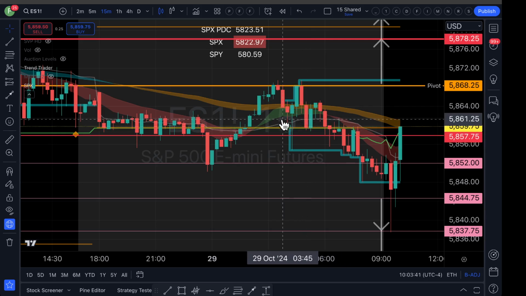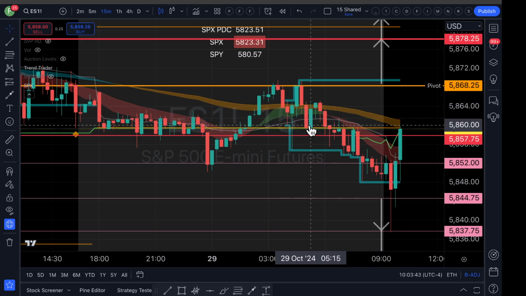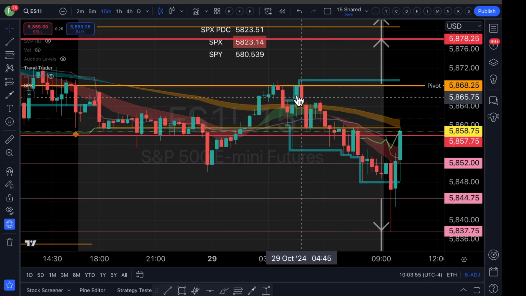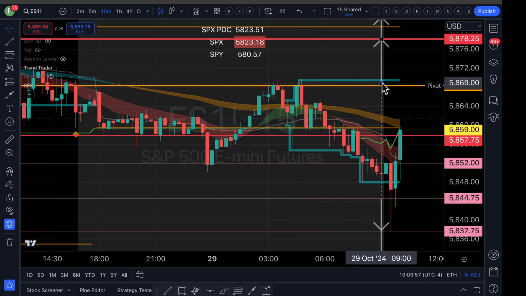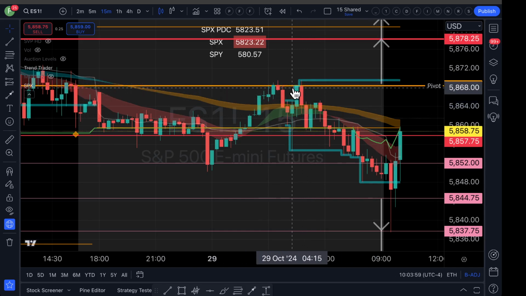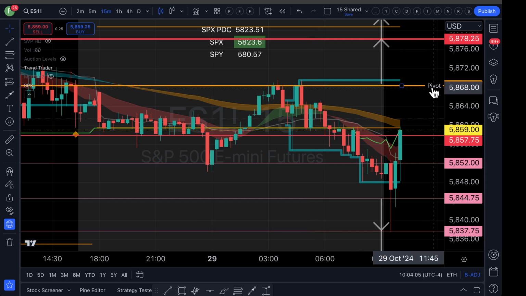So first of all, when it comes to trading, you have to start with levels. When you look at the morning plan that I post pre-market, these are the levels. I just want to look at it again to make sure everyone understands how to read it. Usually you're going to see a pivot level.